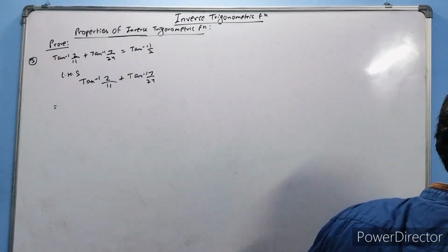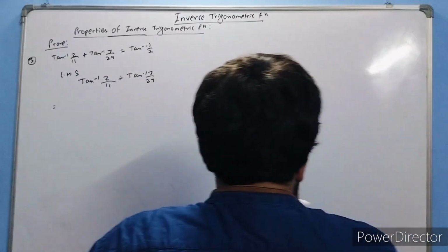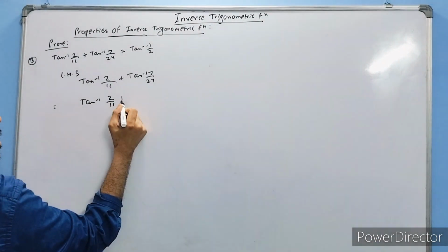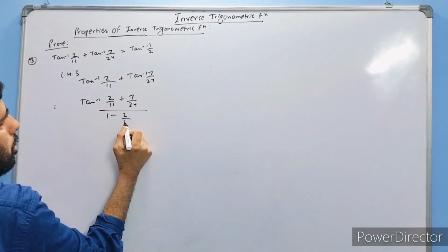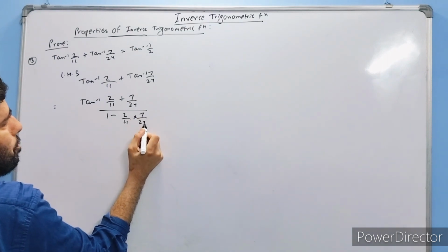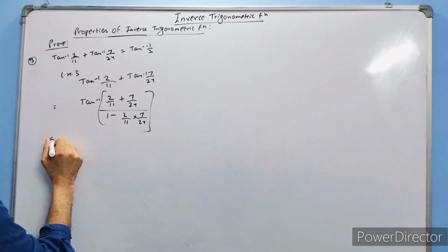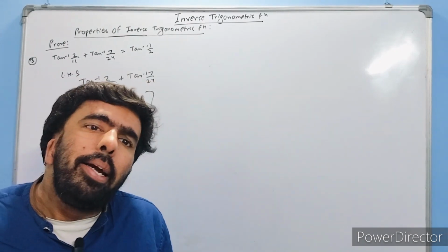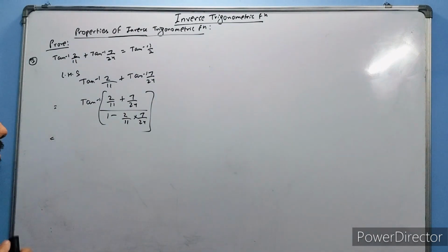The identity is tan inverse x plus tan inverse y is equal to tan inverse of x plus y upon 1 minus xy.